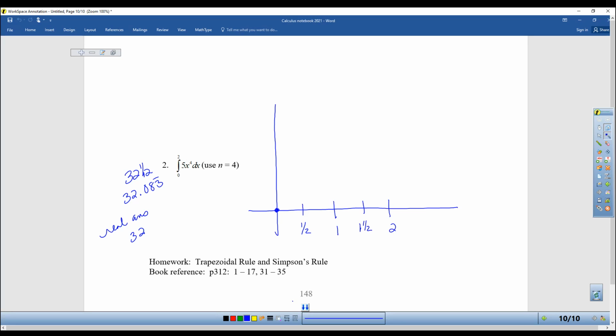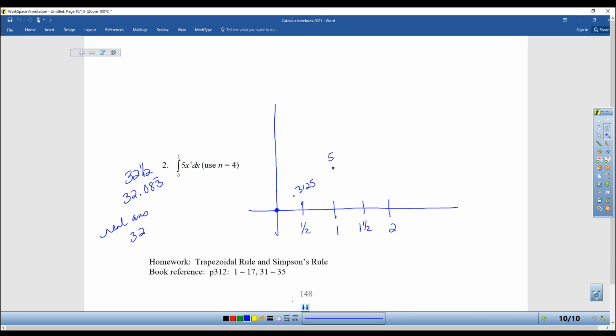I know you're waiting for me. It's so sad. All right, so when I plug in a 0.5, I get 0.3125. It's really small. When I plug in a 1, obviously, I get 5.